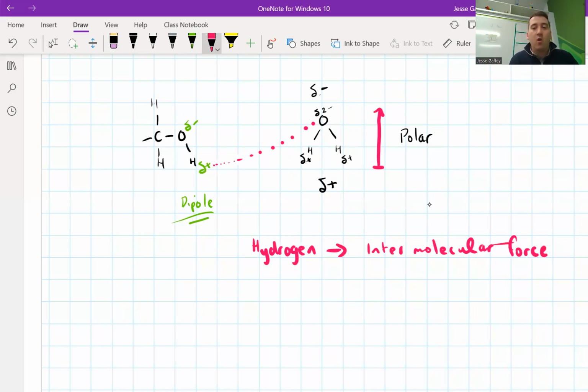Intermolecular forces, and hydrogen bonding always occurs between a delta positive hydrogen atom of one molecule, which is here, delta positive hydrogen, with a delta negative O, N, or F of another molecule. And that's this here, delta negative O. Okay, so that means that this here is a hydrogen bond.